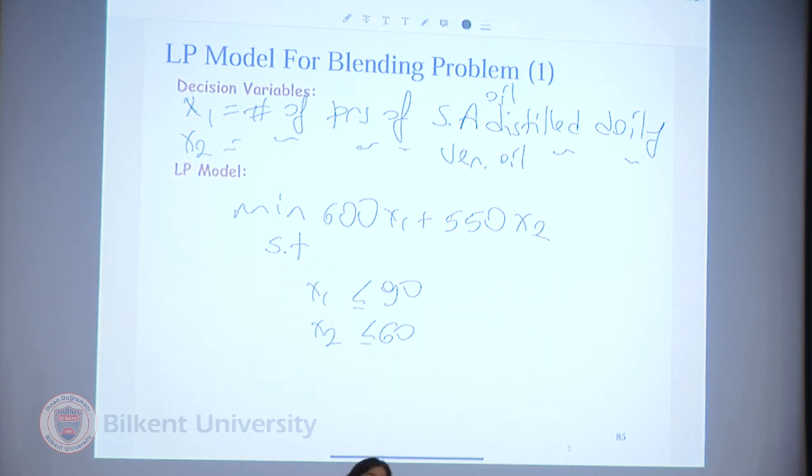So the constraint for gasoline is 0.3 times Saudi Arabia plus 0.4 times Venezuela is at least 20.